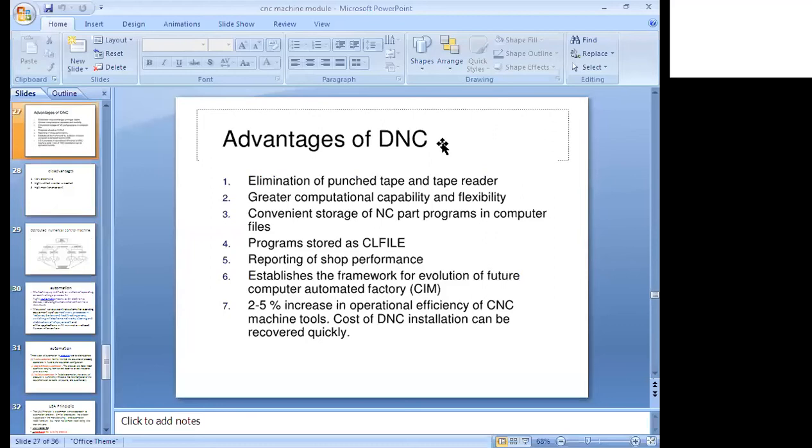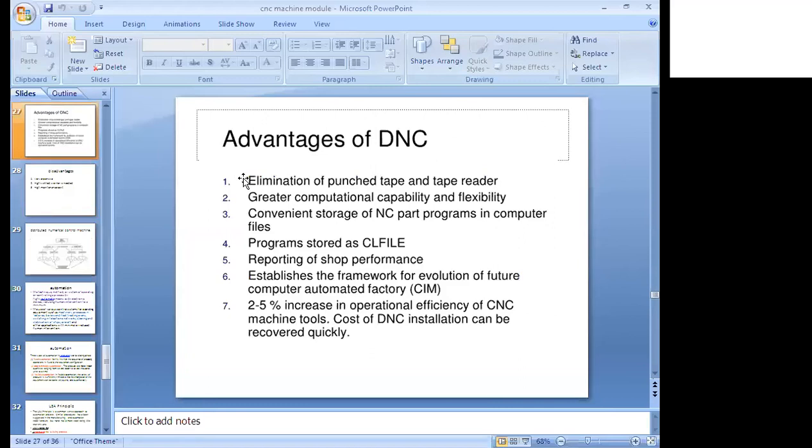So again, why is it needed? Why is it used? What is the advantage of DNC? This question commonly arises for everyone, and these are very important points from the examination point of view as well as your knowledge point of view.